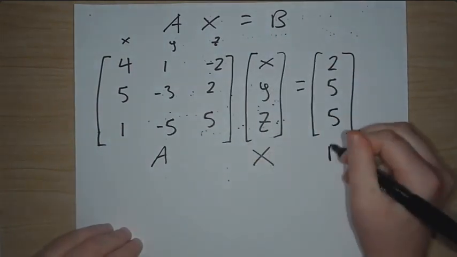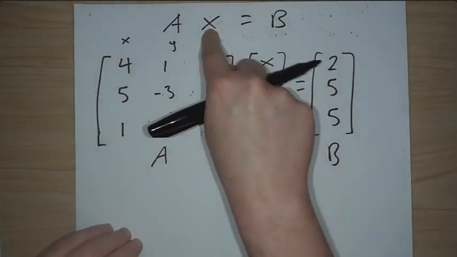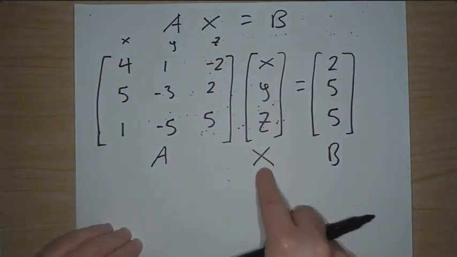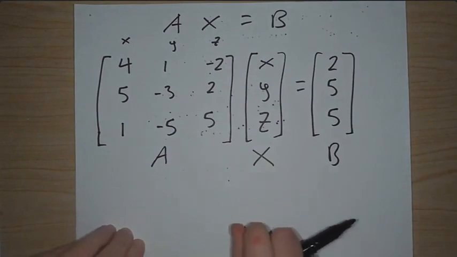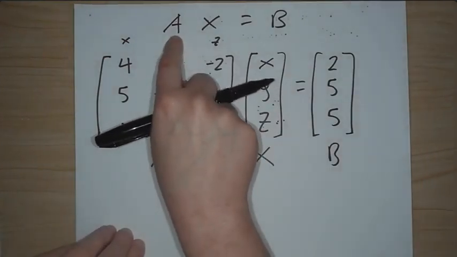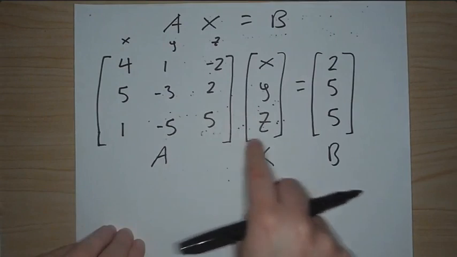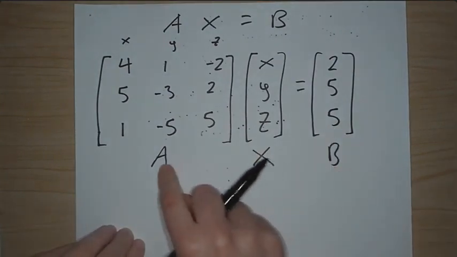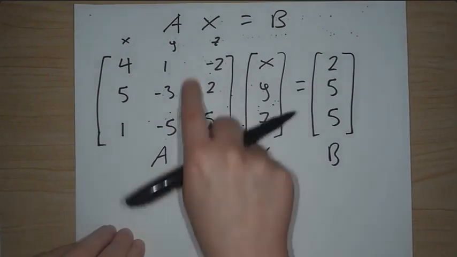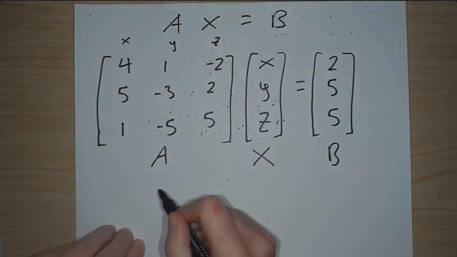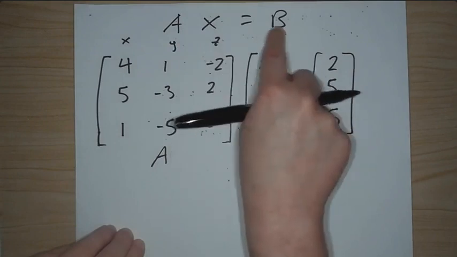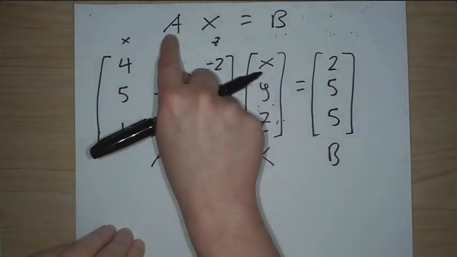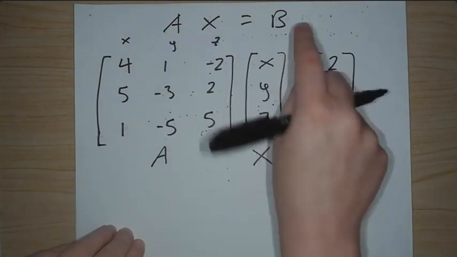In this equation, we actually want to solve for what our variables are, which is our X matrix. But we can't simply divide by A on both sides, because it doesn't make sense in matrix algebra to divide by A. Instead, we have to use the inverse of A. So for us to get this matrix X alone, we need to take the inverse of A on both sides.